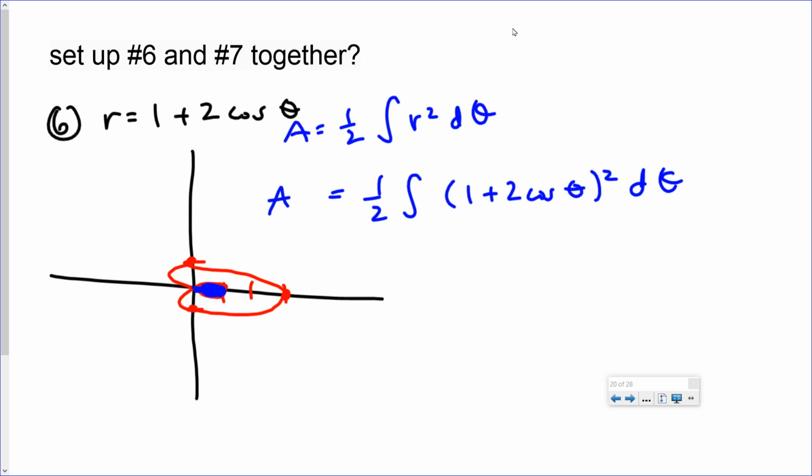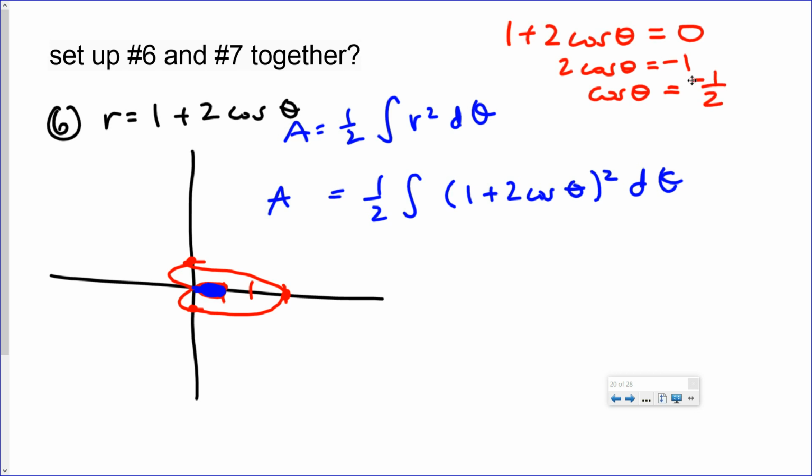So go up to your r, set your r equal to 0. What you'll get is 2 cosine theta is equal to negative 1. So therefore, cosine theta is equal to negative 1/2. So guys, where on my unit circle is my cosine value equal to negative 1/2? At what 2 angles? Think about that.